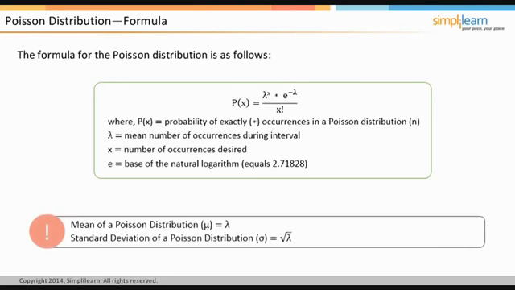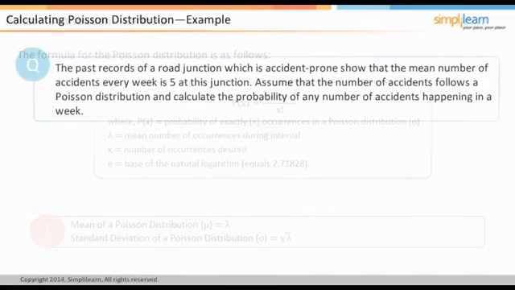The mean of the Poisson distribution is given by lambda, and the standard deviation of a Poisson distribution is given by sigma, which is the square root of lambda. Let us look at an example to calculate Poisson distribution in the next screen.